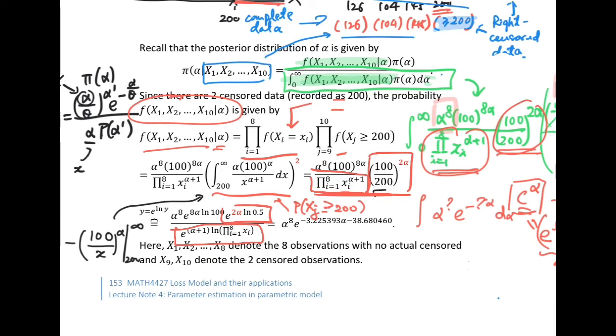I do it one by one. You use c to the power alpha equal to exponential alpha natural log c, and try to change these two into these two things.